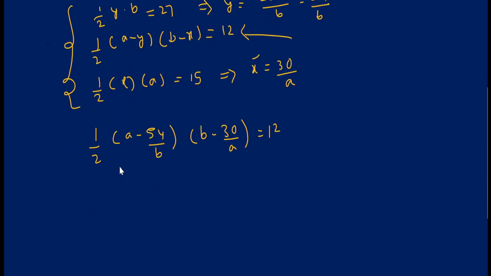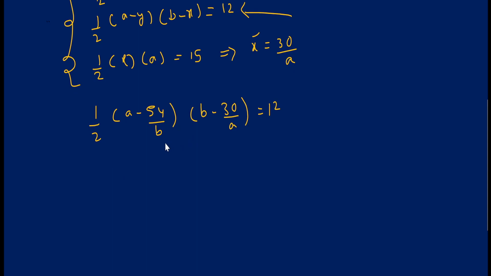So let's solve this equation. We have AB minus, let's multiply these two. AB minus 30 by A will cancel out, and the second term is 54 by B into B, which is minus 54, and minus 54 into minus 30 is plus 54 into 30 by AB.